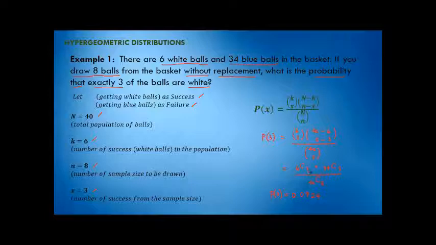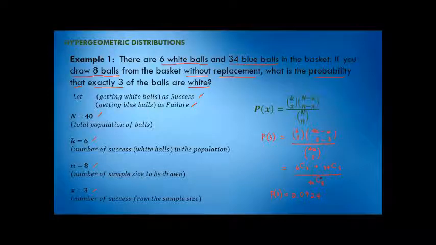Now again, kung i-input na natin siya sa calculator, ganito na lang yung ilalagay natin. Kung ano yung sagot dito, 40 minus 6, which is 34. Then 8 minus 3, which is 5. So, puro combination siya, tatlong combination. Combination of 6 taken 3 at a time times the combination of 34 taken 5 at a time all over the combination of 40 taken 8 at a time.